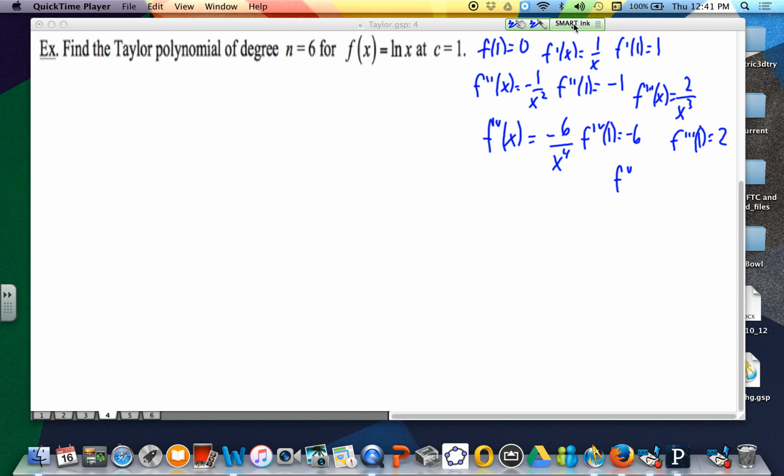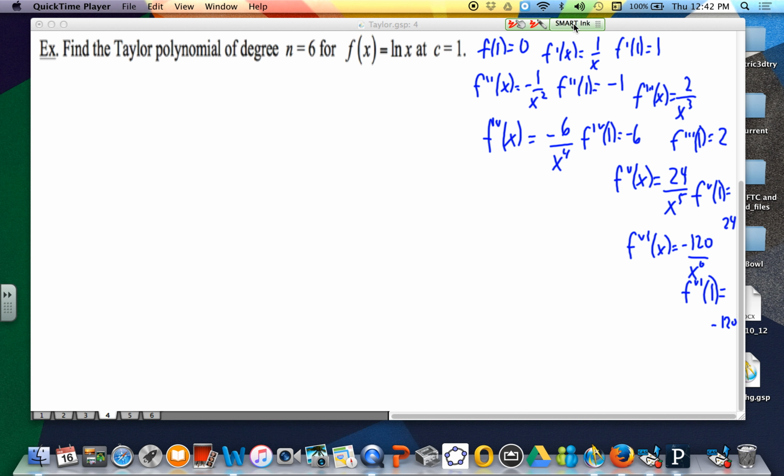My fifth derivative of x is going to be a positive 24 divided by x to the 5th, and therefore my fifth derivative evaluated at 1 is going to be positive 24. My sixth derivative evaluated at x is going to be negative 120 divided by x to the 6th. My sixth derivative evaluated at 1 is negative 120.